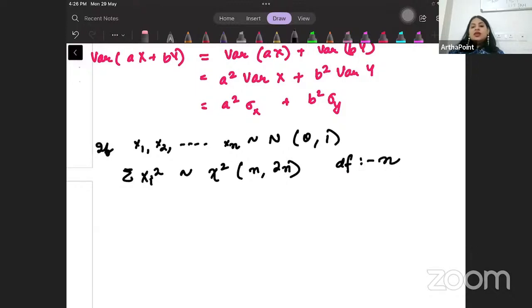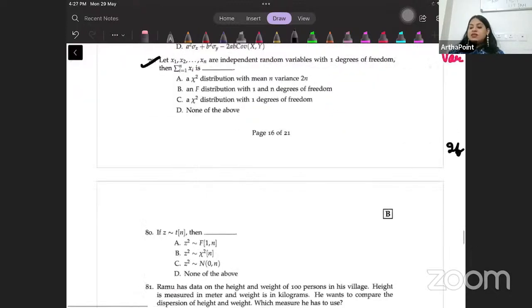So basically, when we are saying that xi's are normally distributed, then summation xi square is distributed chi-square, right?